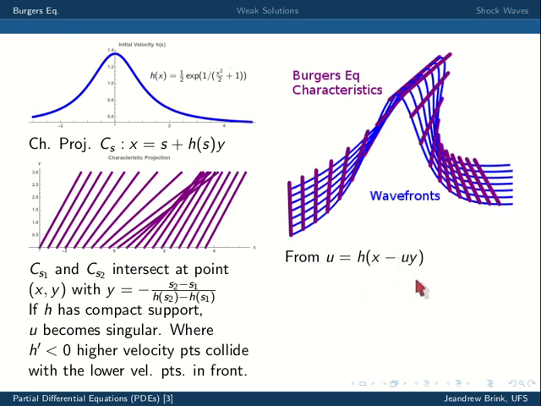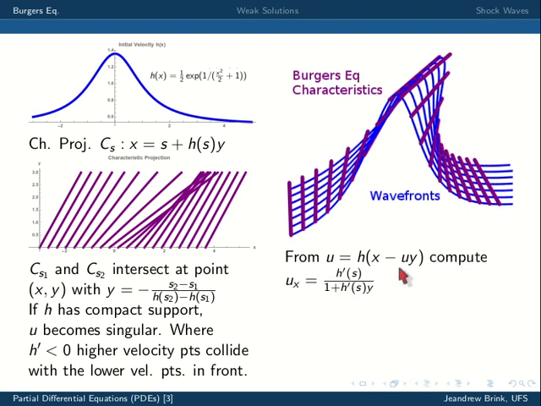This is our implicit definition of u from Burgers' equation. We run into trouble in the characteristic picture, just the characteristic projections, simply when the characteristics collide. But we can also see from this that the place where the problems start is where this goes vertical and the derivative becomes infinite. So let's try and work out that point as well.